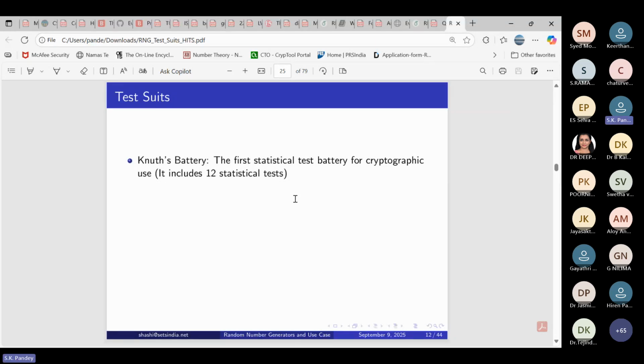So the smooth battery is one of the test suites where 12 statistical tests are there. Why am I saying statistical tests? Because they look at the statistics of the binaries. For example, if I generate a binary sequence, I can check whether the number of ones and the number of zeros are equal in that binary or not. This is one of the statistics.